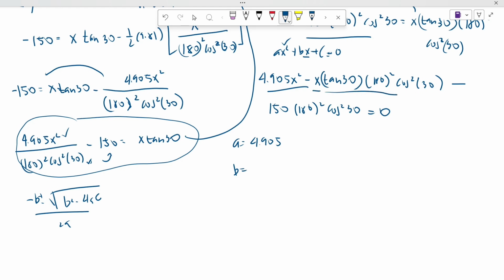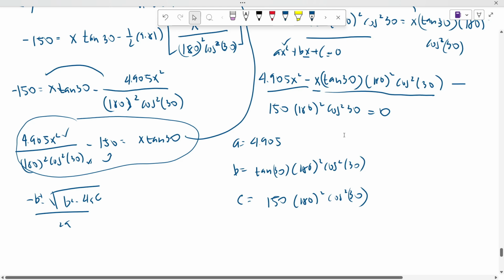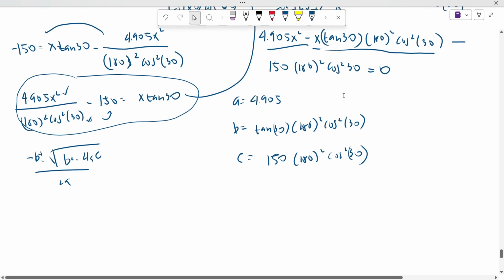Ito lang yun, guys. So, sulat lang natin to. Tangent of 30. Di ba, guys? Napakahaba na solution sa paggamit ng general equation, guys. Talagang ubos yung 30 minutes mo dyan. Cosine squared 30. So, next, insert na lang sa formula, plug and play.